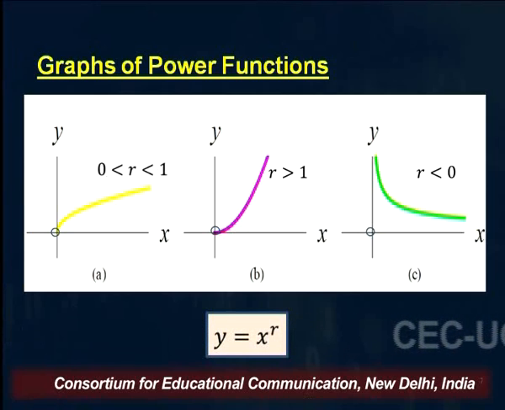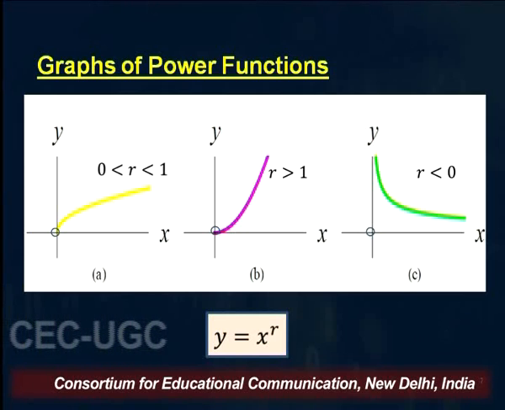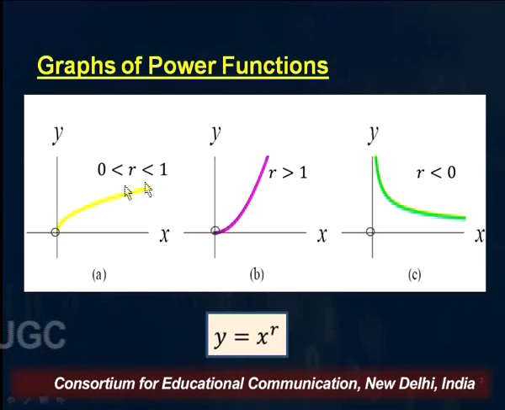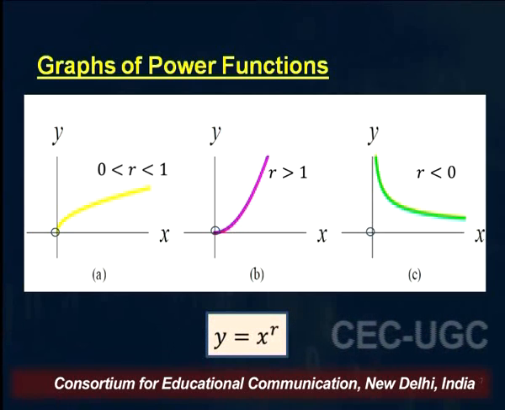It is a graph which has the same general shape as that of the square root of x. So for example, just to get a sense of things, take r equal to half. Half lies between 0 and 1, and this is the kind of graph you'll get for y equal to square root of x, right?